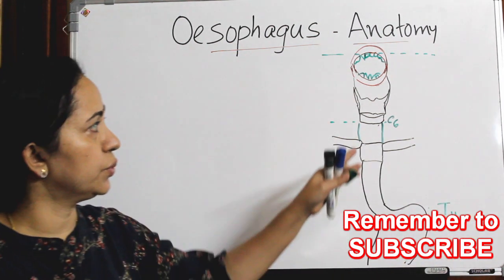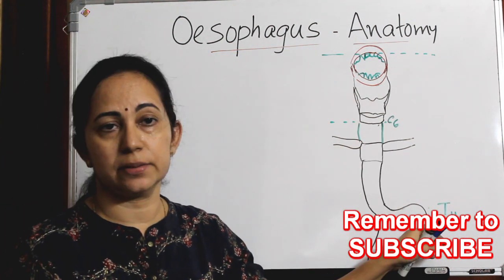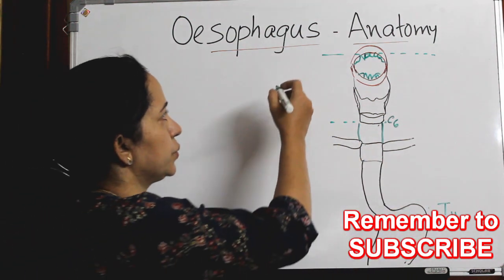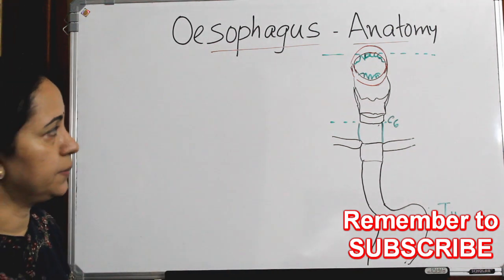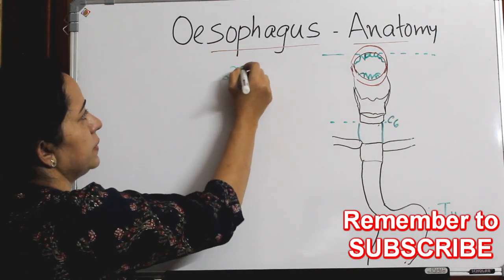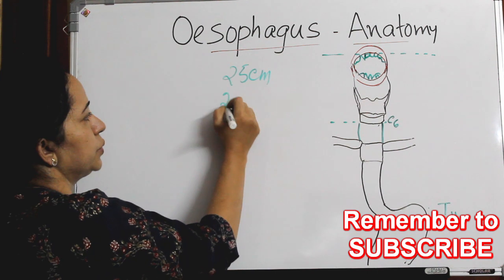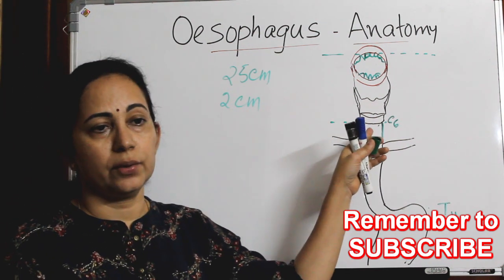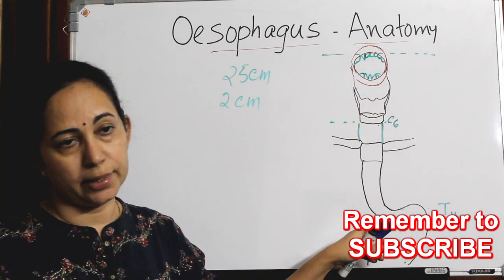So this is a muscular tube which starts from the C6 vertebral level to T11, and it is around 25 to 28 centimeters. We can roughly take it as 25 centimeters long with a 2 centimeter diameter, from the lower end of the cricoid cartilage to the cardiac end.